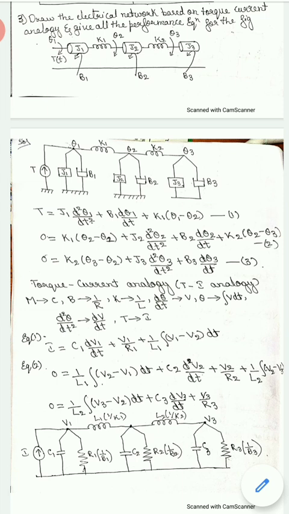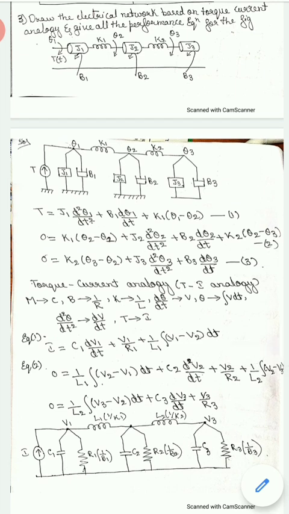Next, for equation 2, 0 is equal to 1 divided by L1 integration of open bracket V2 minus V1 close bracket dt plus C2 dV2 divided by dt plus V2 divided by R2 plus 1 divided by L2 integration of V2 minus V3 dt.